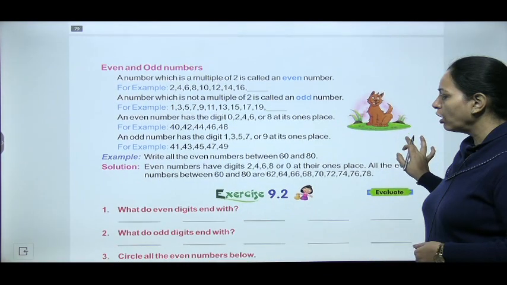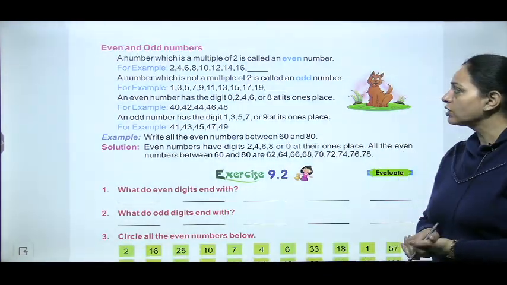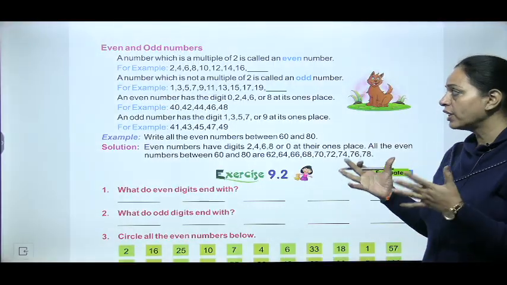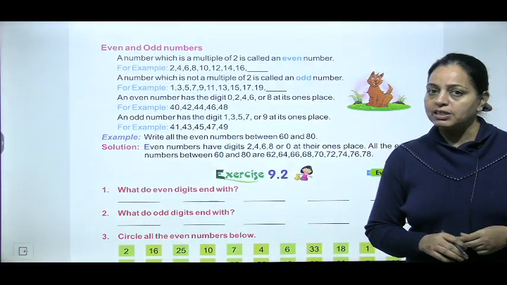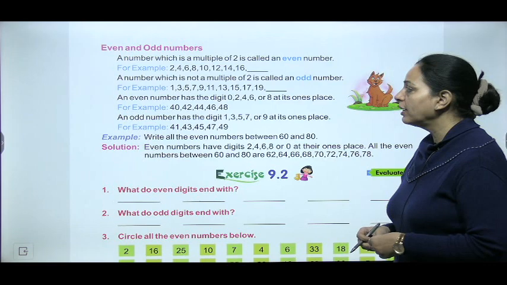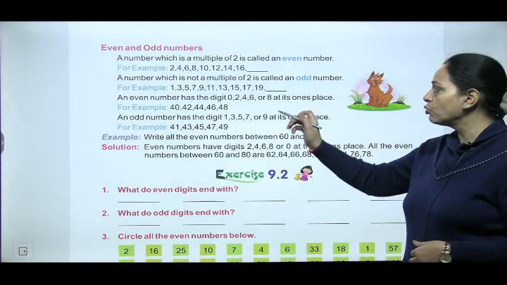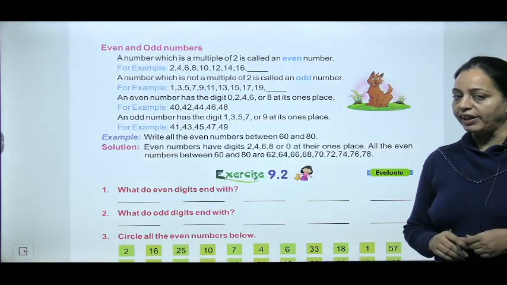The next we are talking about even and odd numbers. A number which is a multiple of 2, that is called an even number. यानी जो 2 के टेबल में आता है, like 2, 4, 6, 8, 10, 12. These all are the multiples of 2 and these all are even numbers. And a number which is not a multiple of 2, that is called an odd number, like 1, 3, 5, 7, 9, right?